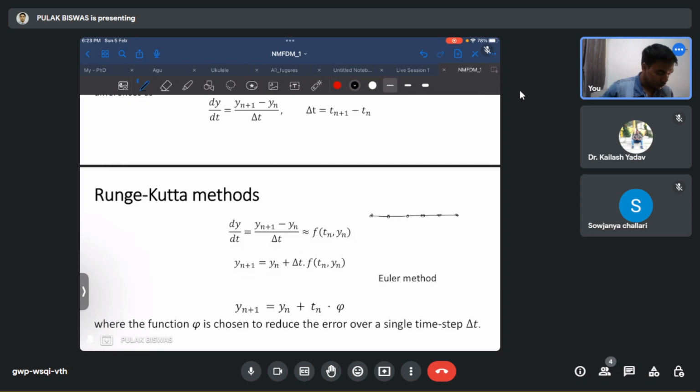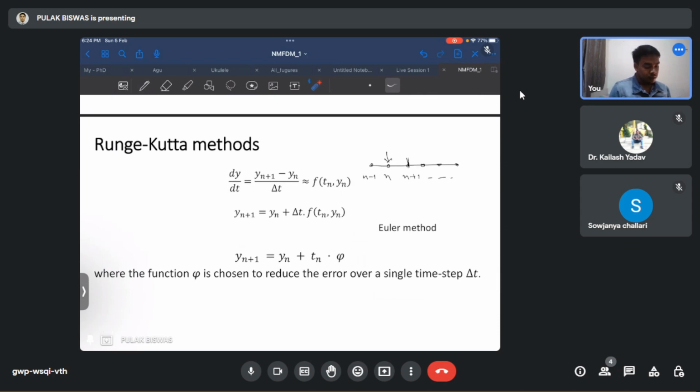Suppose this is the nth value, this is n minus 1, n plus 1. So we can calculate the value at this location using the values at the nth point. We need the value at n, delta t is the separation, and the function's value computed at this position. And this scheme is called Euler's method.